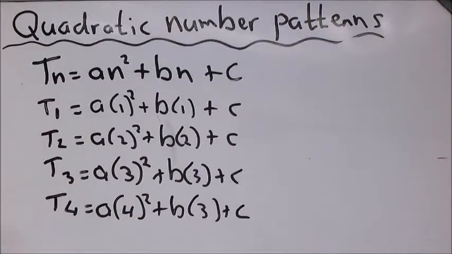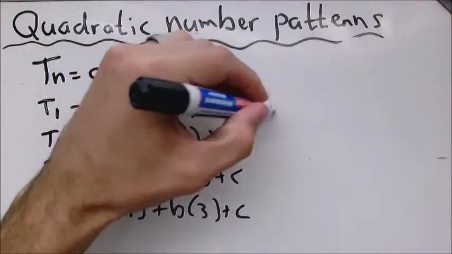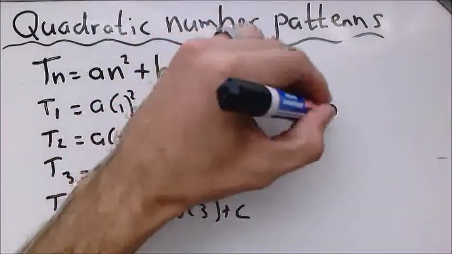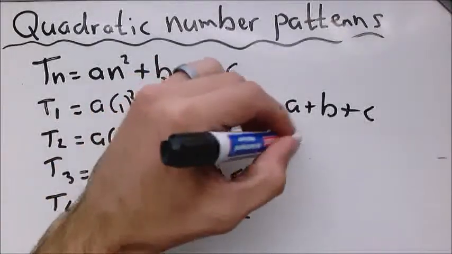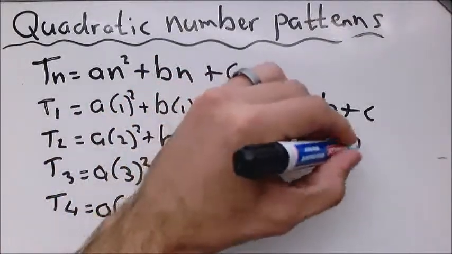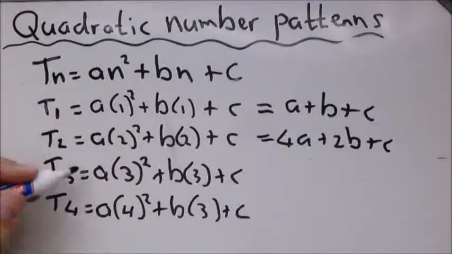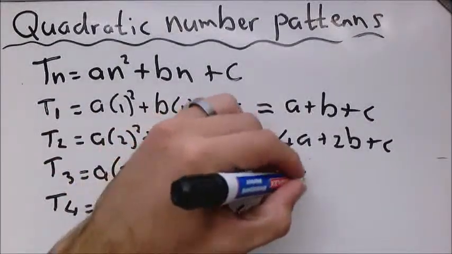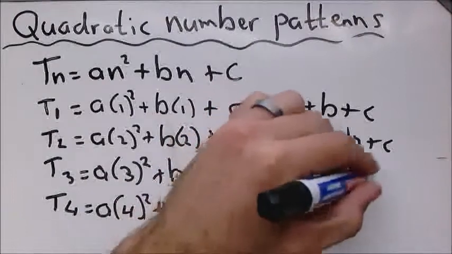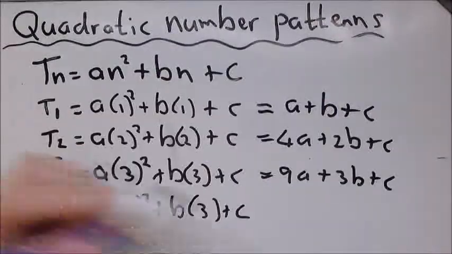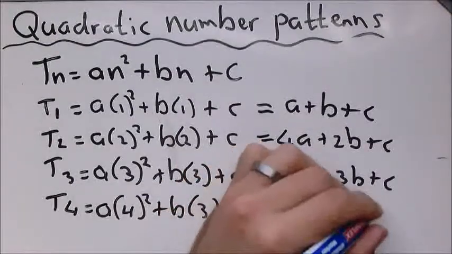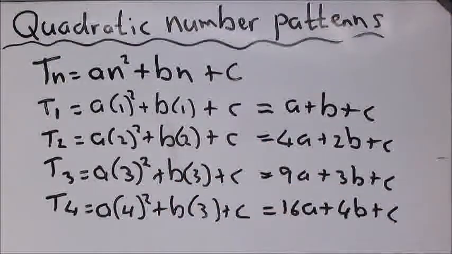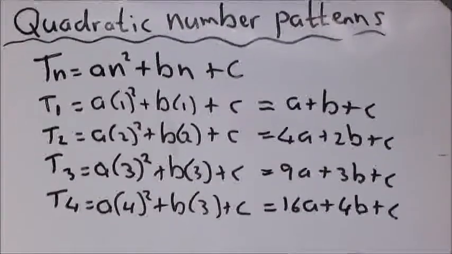Let's simplify each one. So T1 is equal to a plus b plus c. T2 is equal to 4a plus 2b plus c. T3 is equal to 9a plus 3b plus c. And T4 is equal to 16a plus 4b plus c. This is just setting us up for success.